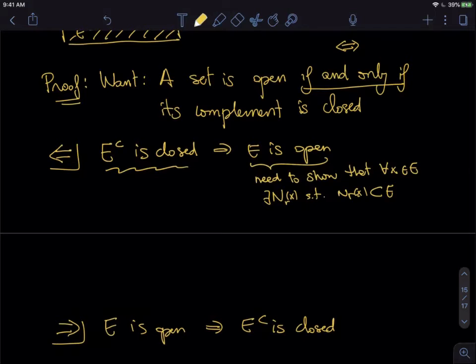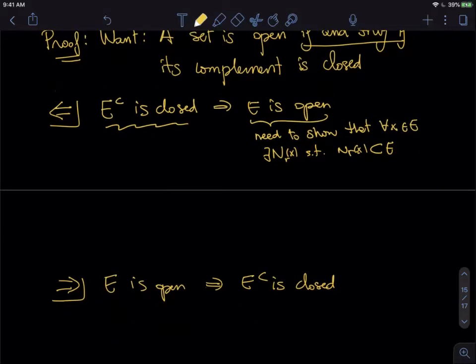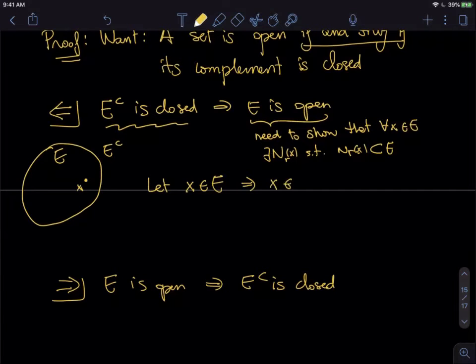For that, the only thing I know is that E^C is closed. So let's say this is my set E, and we have my E^C outside. And let's take a point X that belongs to E. So let X belong to E. And because it belongs to E, this is a bit obvious, but that means that X does not belong to the complement.